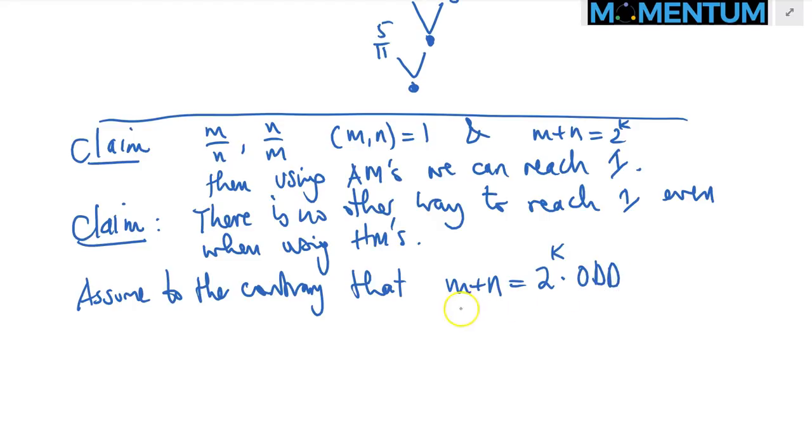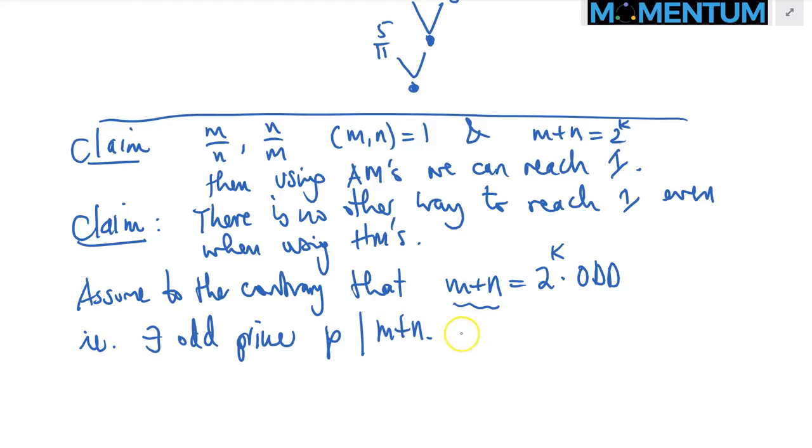So basically it has an odd divisor, i.e. there exists an odd prime p which divides m plus n.